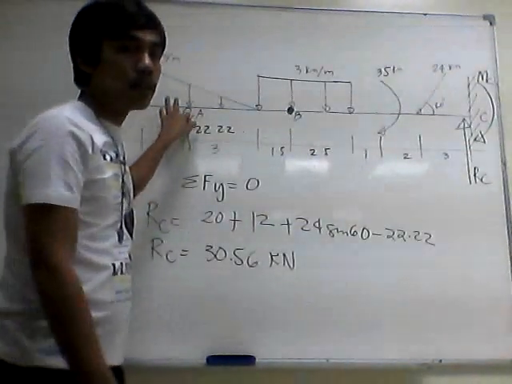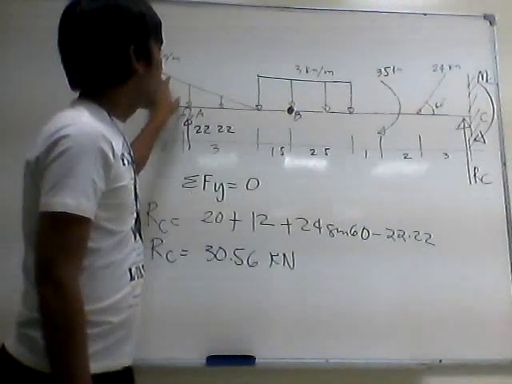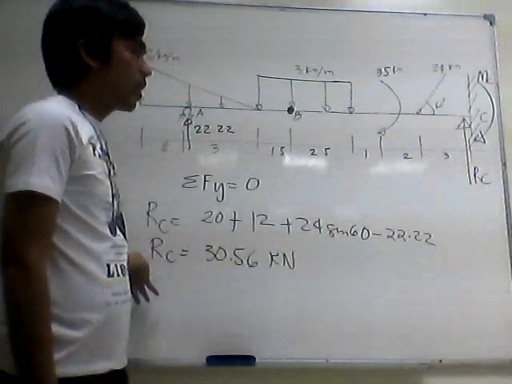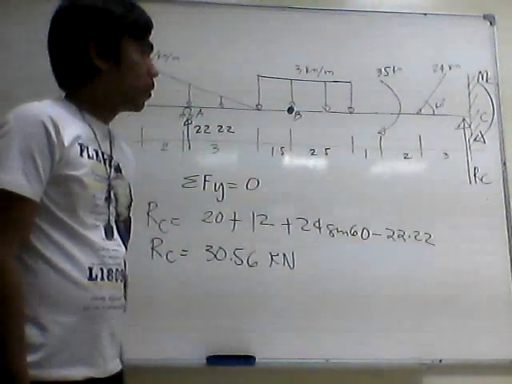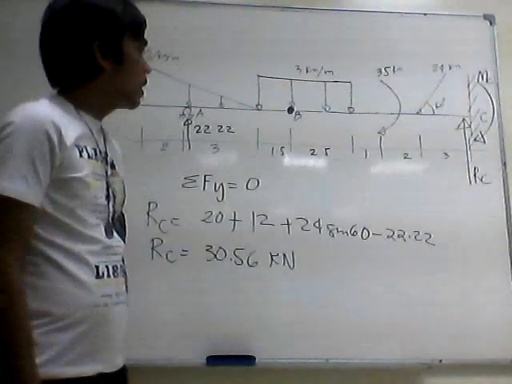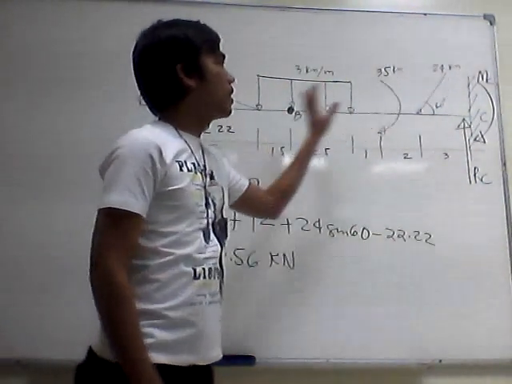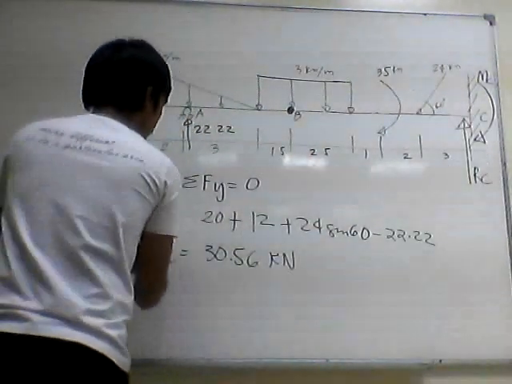The not good thing there is that we are going to use all the external loads, so we will have a very long equation. Our second option is to take the equilibrium of member BC, considering the right side. Let's do that.